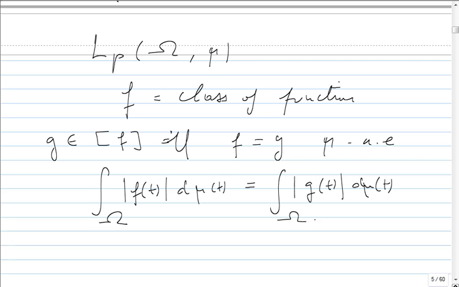I'm assuming, of course, that the two integrals do exist. If they do exist, they're equal, because the two functions are equal almost everywhere. So this integral has nothing to do with the individual functions. It's all part of that little measure theory that we studied before, on Lebesgue measure.